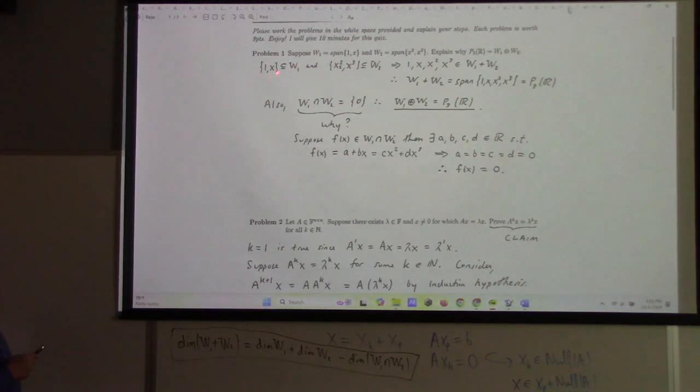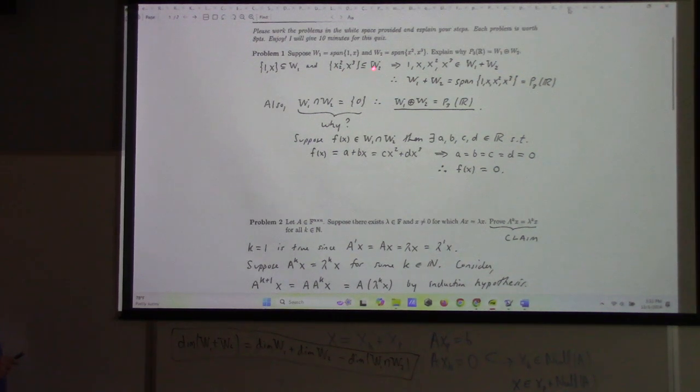The point is, this generating set is always a subset of the span. All right? So that means 1 and x are in W1 and x squared and x cubed are in W2. And so if I add them, that means all of these are in W1 plus W2, but that clearly implies that this must be P3.